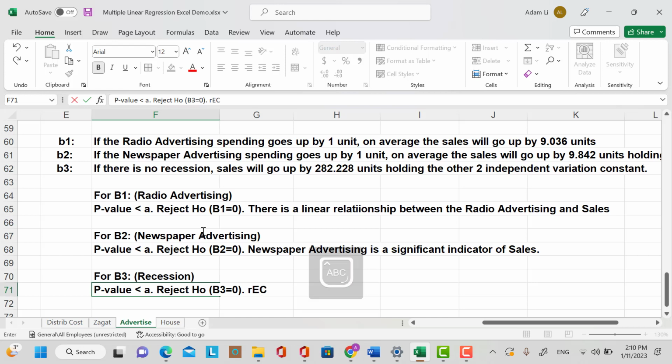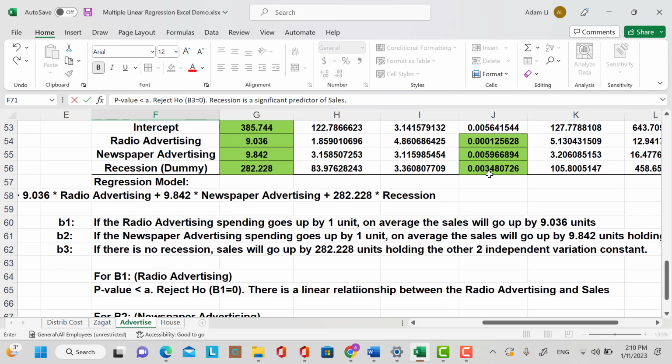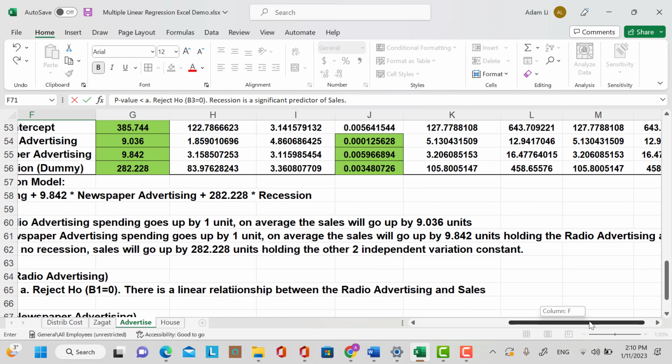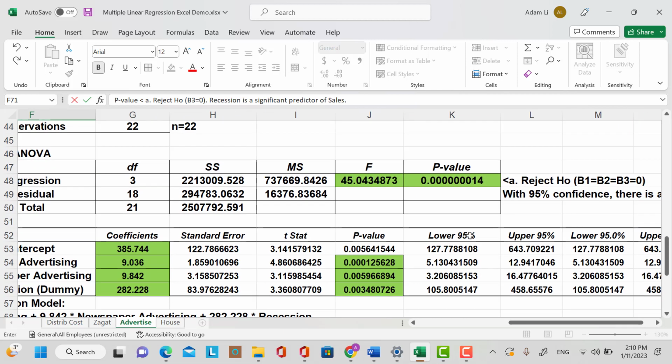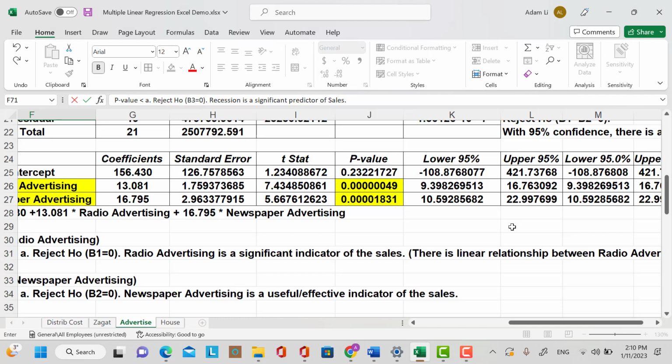So whether or not there's a recession is a significant predictor of sales. Okay, so we tested all 3 individual variables, and they are significant. That's what we get out of this Excel.